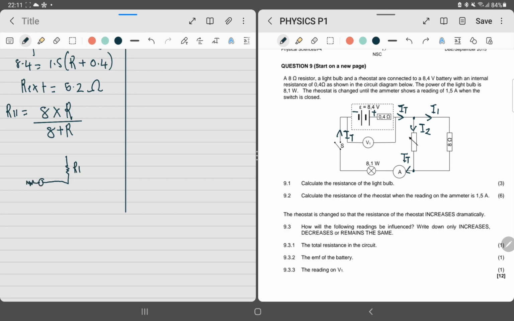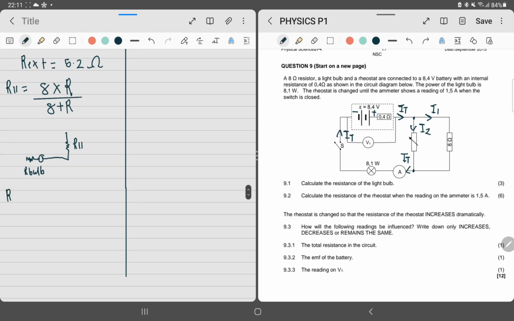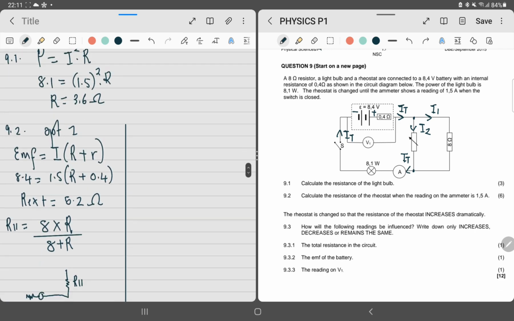So this will be the parallel combination, and then this will be R of the bulb. So these two are connected in series. So R external should be equal to R of bulb plus the parallel combination. R external is 5.2 and the R of bulb is 3.6.